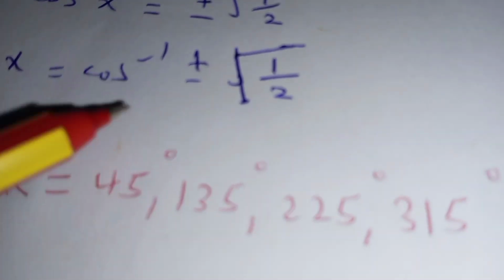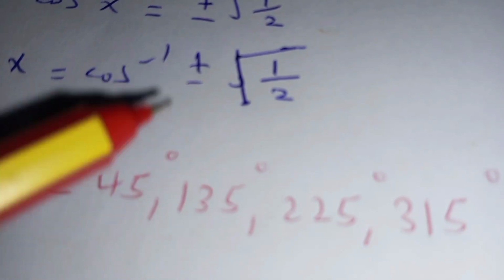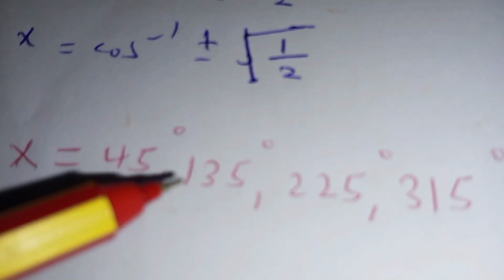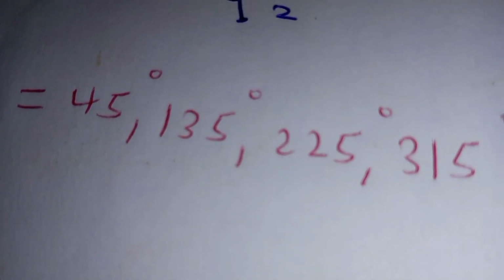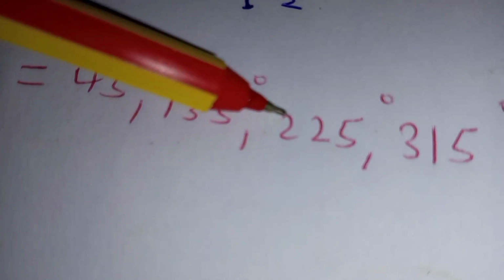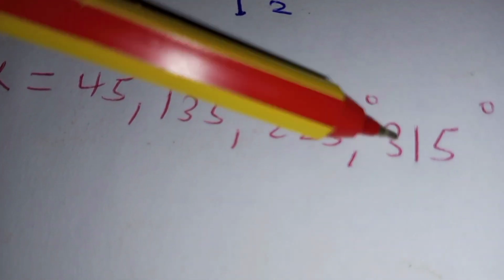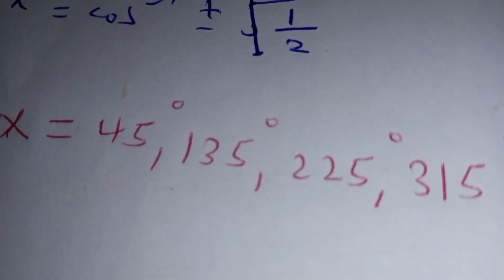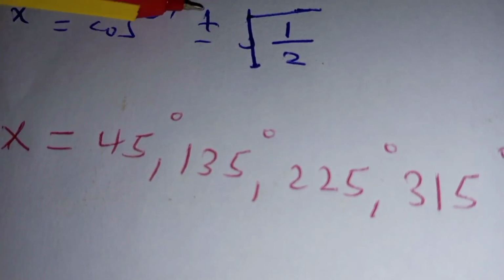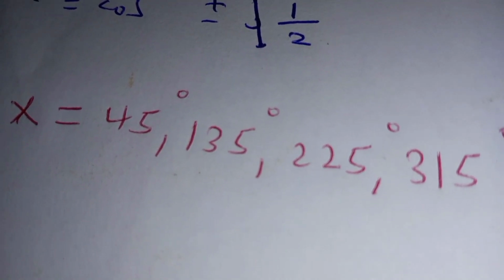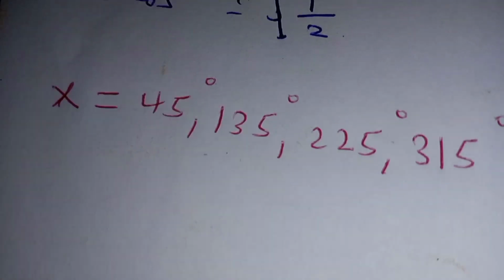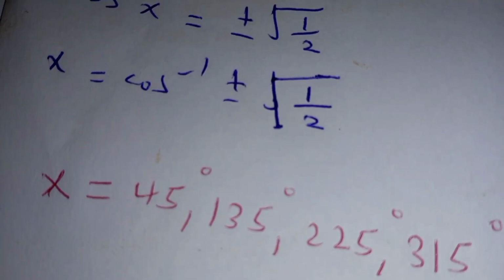And because there is a negative here, also 135 is part of our solution. Also 225 is part of our solution, and 315 is part of our solution, because we have both positive and negative here, and our range, x, ranges between 0 and 360 degrees.